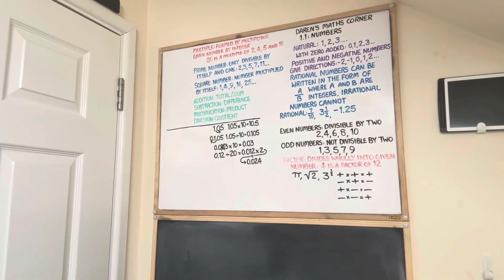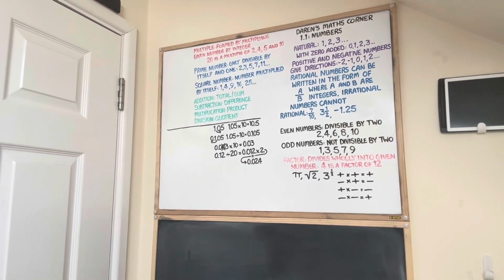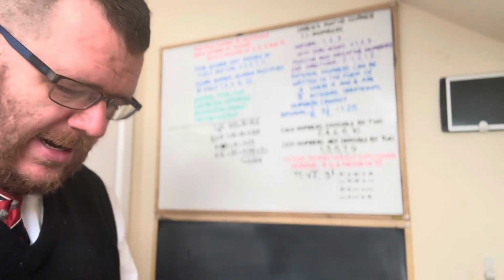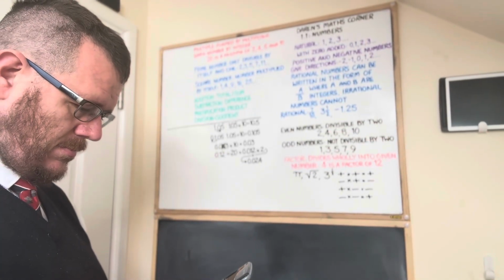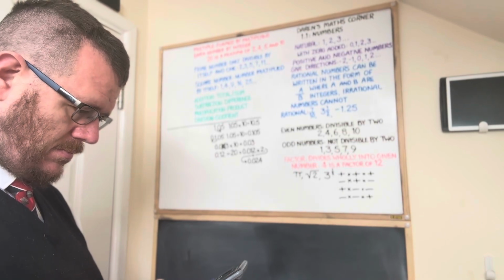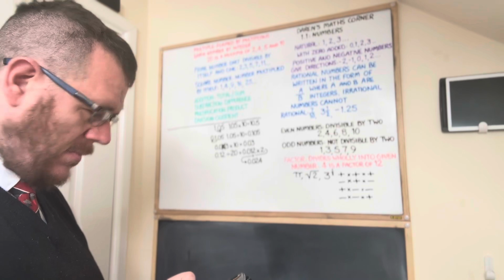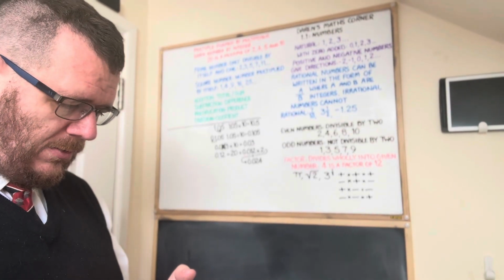This is where my calculator comes in handy. And it doesn't say you can't use a calculator for this. Three over 5,000. And that is 0.024.